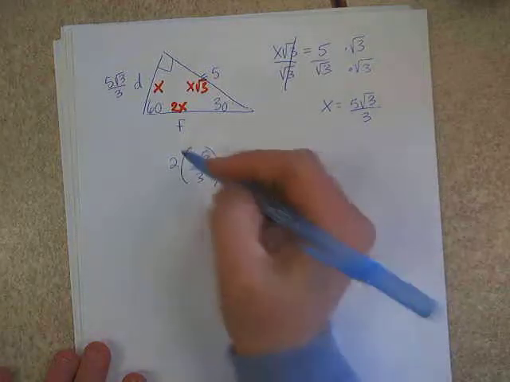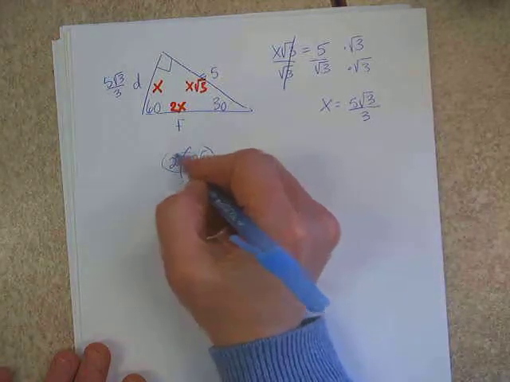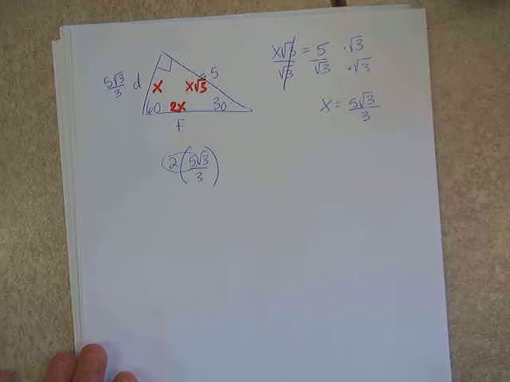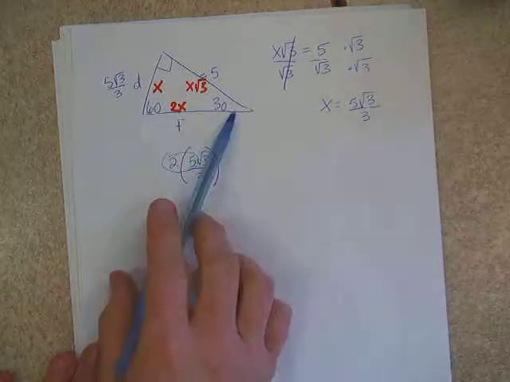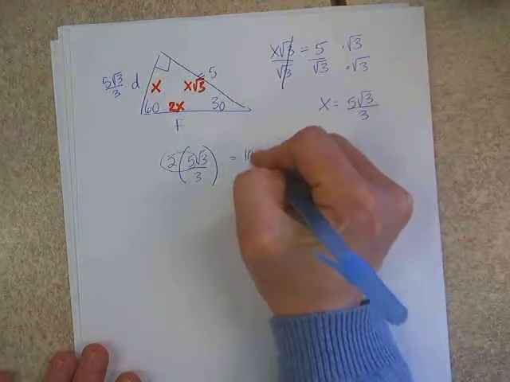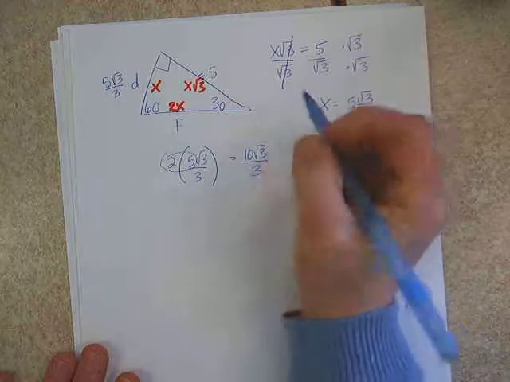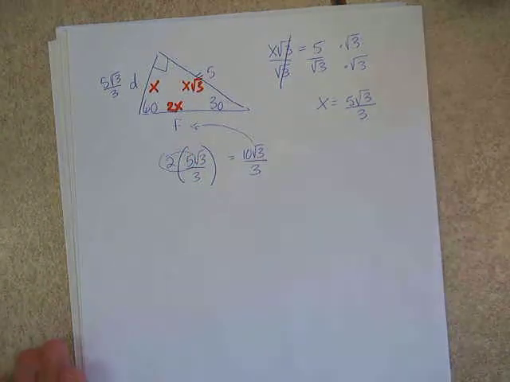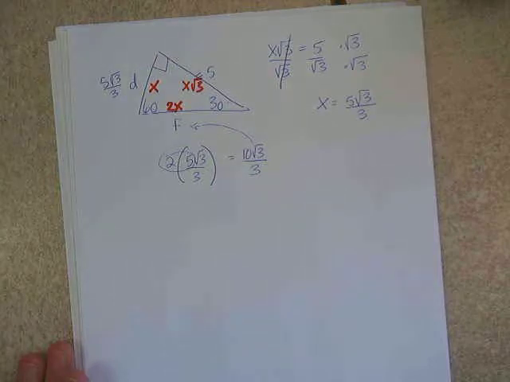So this would be 2 times 5 radical 3 over 3 to get this side. But all we're really going to double is that. Okay, so my hypotenuse should be 10 radical 3 over 3. So that is F.